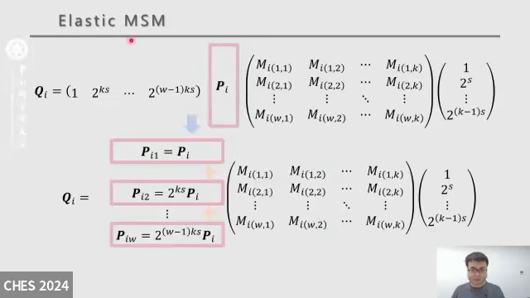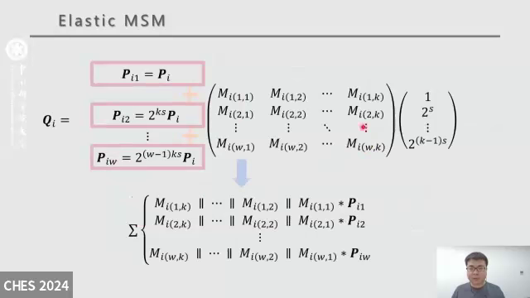Okay, let's see the left part. We can multiply all these powers of 2 and the point P_i together to obtain P_i1, P_i2, ... P_iW. And elastic MSM told us that we can pre-process all these points.